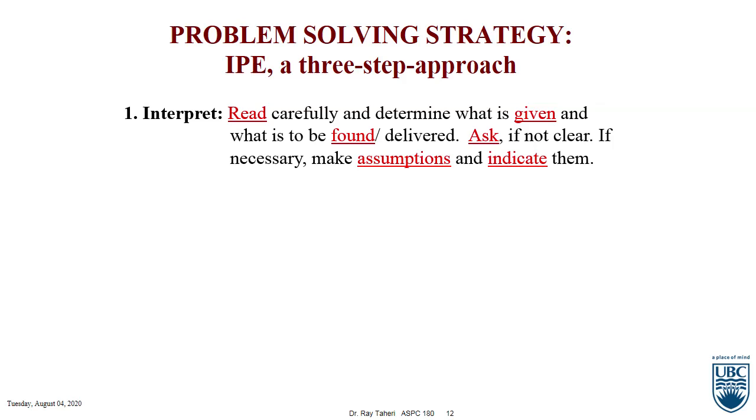In the academic framework, you read it, you understand it, you try to get all the information, you try to make all the assumptions. This is the most important part. Often students miss a very detailed piece of information, and that's why they cannot solve the problem. Read, interpret, find, ask, see what the assumptions are. I think you should spend quite a bit of time on this part to identify the problem.